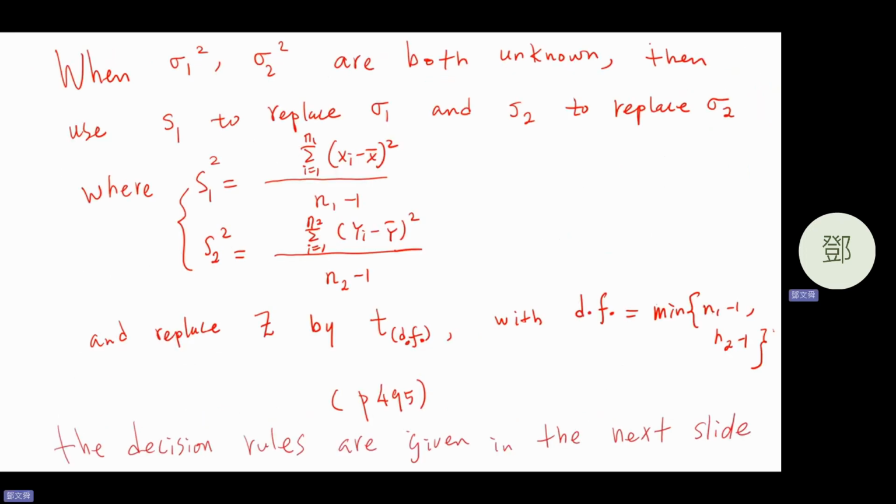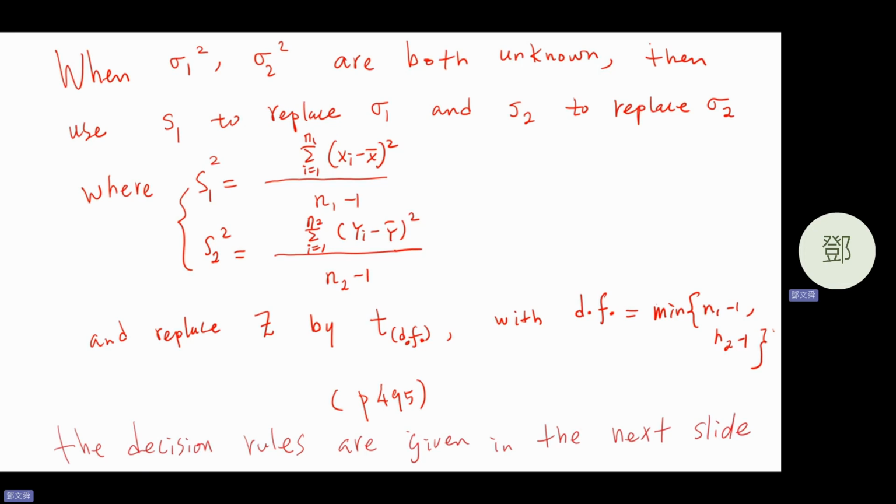When sigma 1 squared and sigma 2 squared are both unknown, then use s1 to replace sigma 1 and s2 to replace sigma 2. Where s1 squared is 1 over n1 minus 1 times the sum of the squares of xi, and s2 squared is 1 over n2 minus 1 times the sum of the squares of yi.